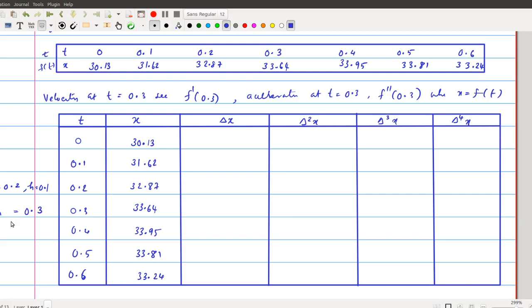Now obviously t, t is equal to 0.3. Okay, so this is obtained by solving this. Put a is equal to 0.2 here and h is equal to 0.1. Then you will get this t is equal to 0.3. This t is equal to 1, not 0.3.